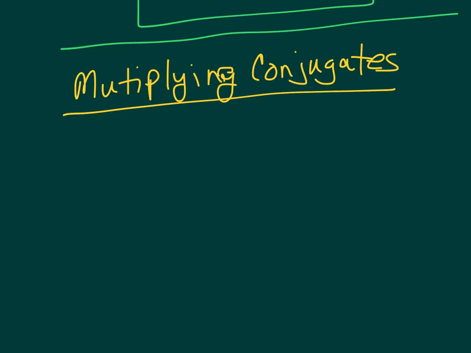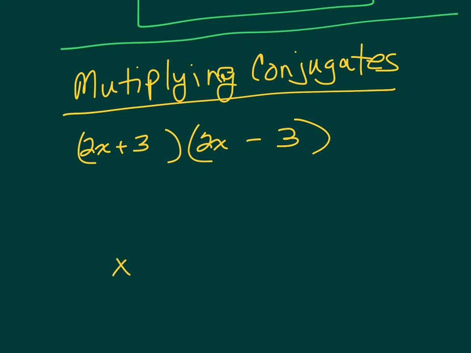Well, conjugates are binomials that are just alike, except for the sign in the middle. For example, 2x plus 3 and 2x minus 3 are conjugates. x minus 6 and x plus 6 are conjugates.